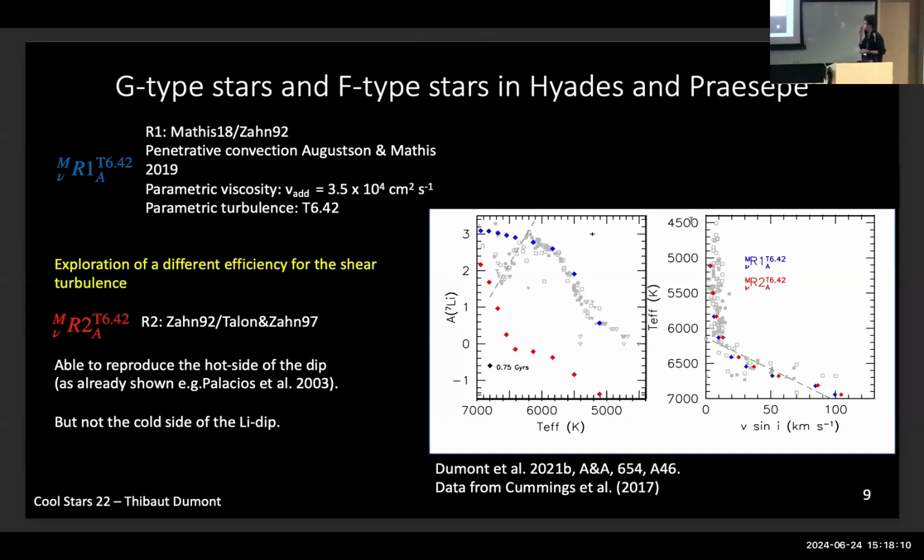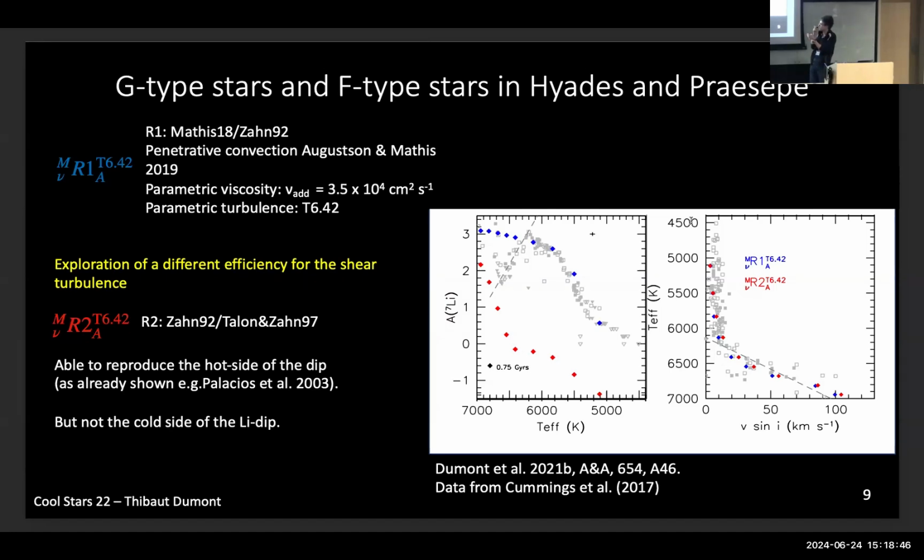Okay, so as I said, that was for solar type stars, but if you look at stars with different masses, for instance, here in Dziembowski and Pariat, we see that the blue models, which are the models I was discussing just before, reproduce the lithium pretty well for the G-type stars until you reach the lithium dip, where you don't expect almost any transport with the same model, because the convective envelope is very thin, and you need a different efficiency of the transport in order to explain this lithium depletion.